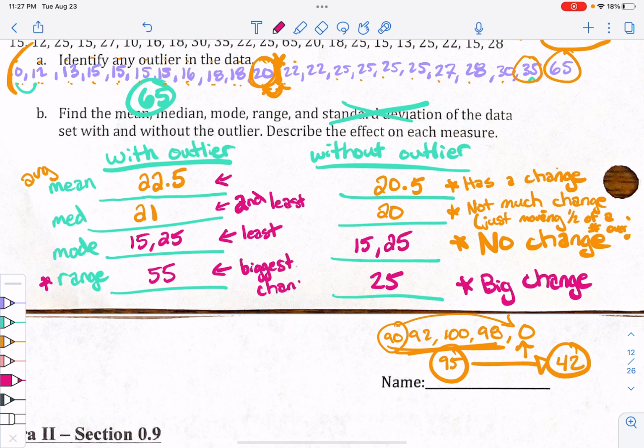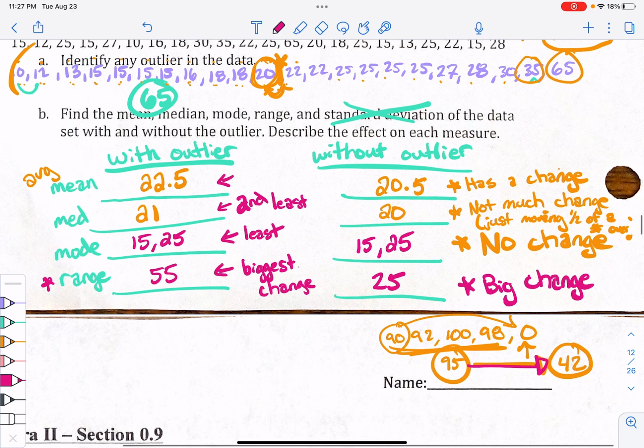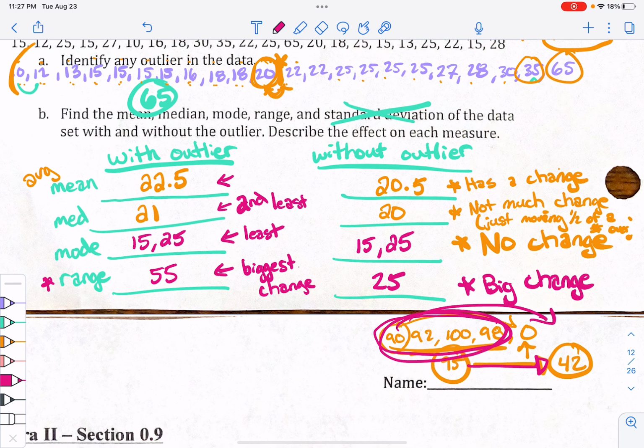That's where a bunch of it occurs, your biggest change. So even if your mean is going from 95 to 42, your range is still going from 10 points, from 90 to 100, up to 100 points. So your range will always have the largest amount of change.